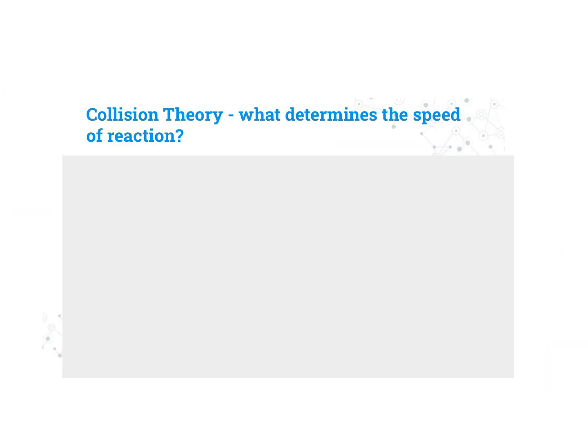Now, the rate of a reaction is really determined by one thing, and that's collision theory. Collision theory is essentially the concept that for a reaction to happen, elements / molecules must collide with two specific factors.